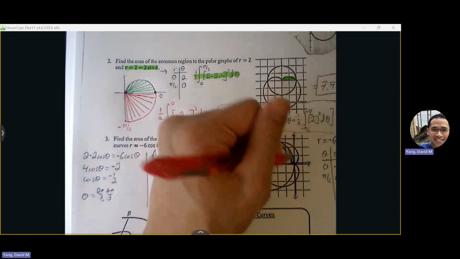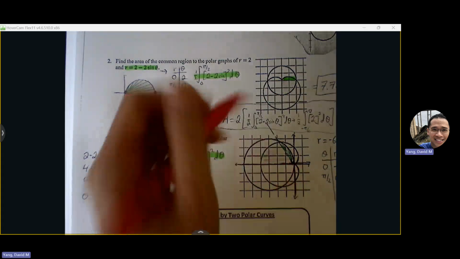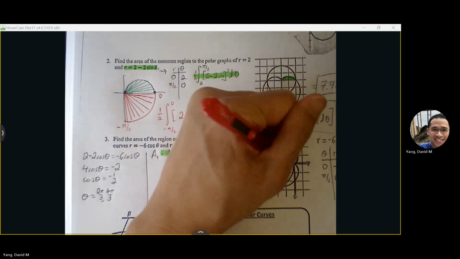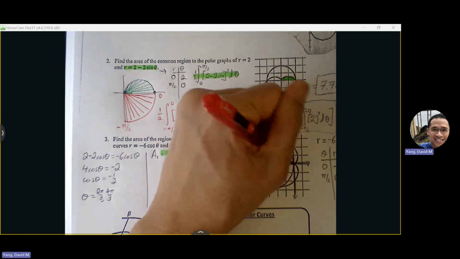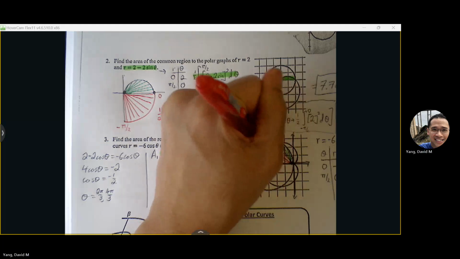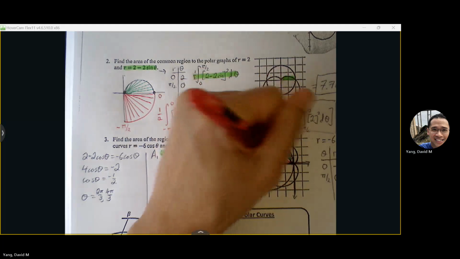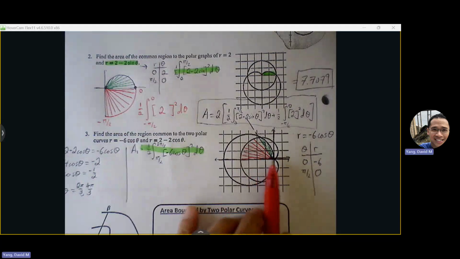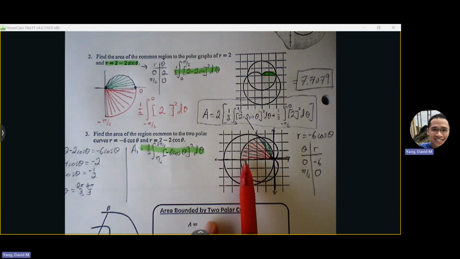After this intersection, then it hits a different graph, right? Then it's hitting the limaçon or the cardioid, from 2 pi over 3 all the way to pi. We know that with the limaçon or with the cardioid, it starts at 0, goes to 2 pi, and completes the cycle from 0 to 2 pi.